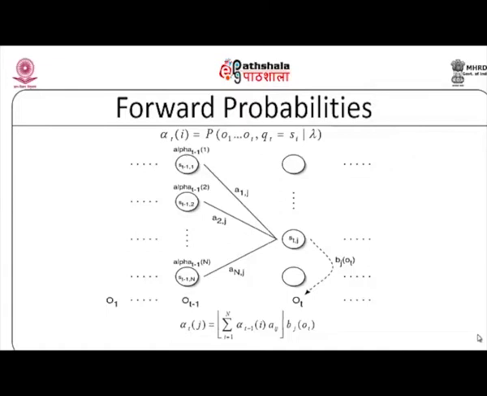So, let us understand the forward probability using the trellis. As we have defined, alpha t of i is the forward probability of the state i at a time t. We should have t minus 1 if we have to find out t. So, alpha t of j, going from i to j, is alpha t minus 1 of i, aij, bj of Ot. I will explain what this means.